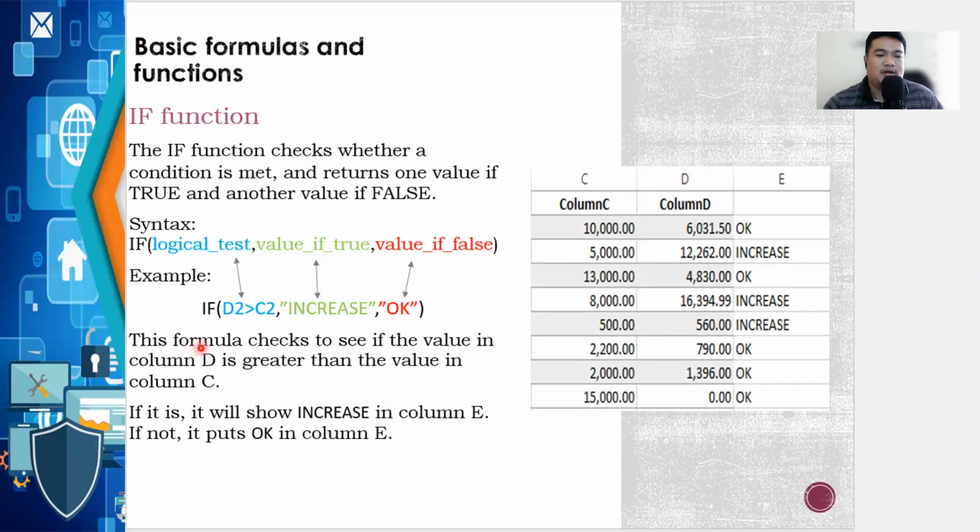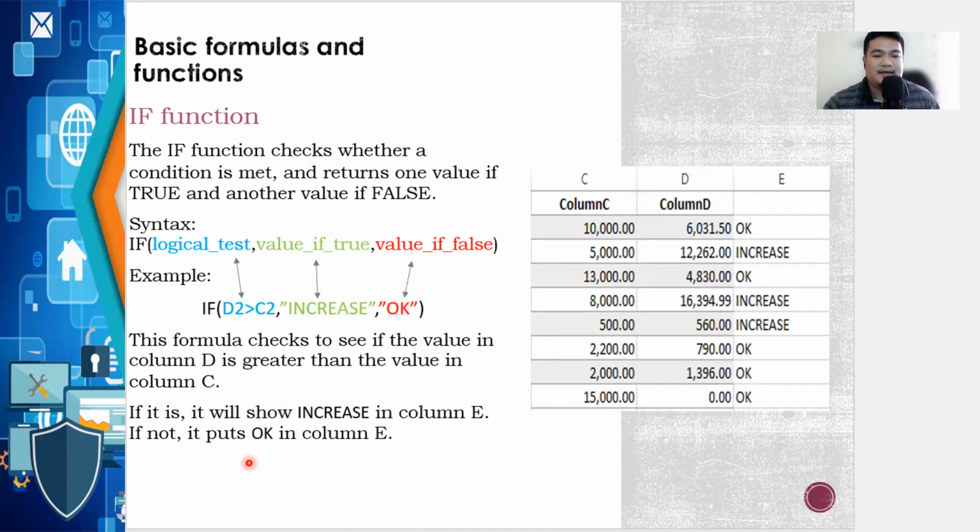Yan, for example, if D2 is greater than C2, kapag mas malaki daw yung D2 sa C2, display text increased. Yan. Value if false. Ang magiging value ng cell na yan, kapag true, I should say, increased. Pero kapag false naman, hindi mas malaki ang D2 sa C2, ito naman ang i-return niya na value dyan sa cell na yan.